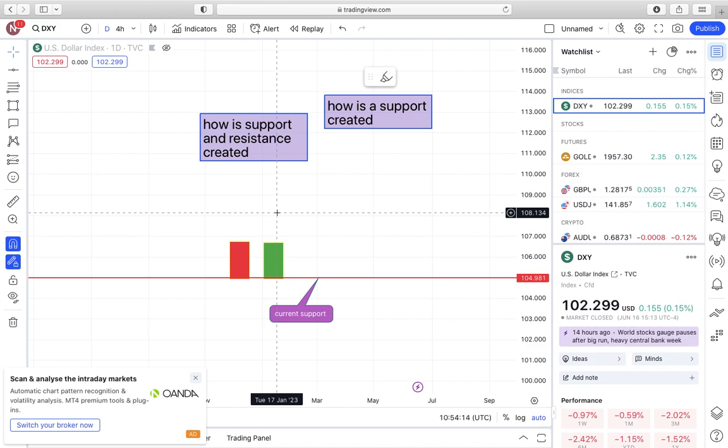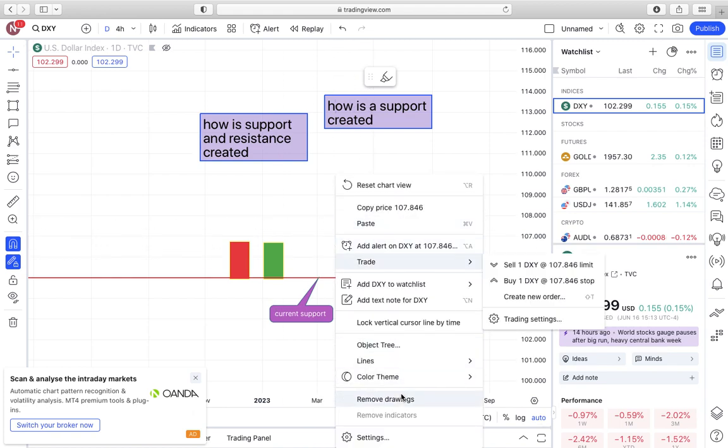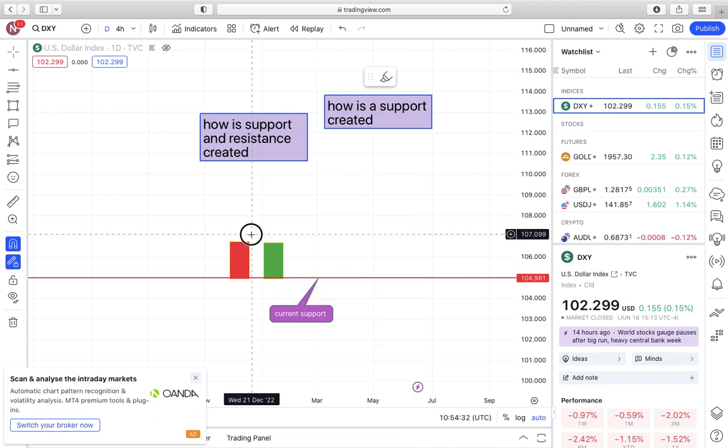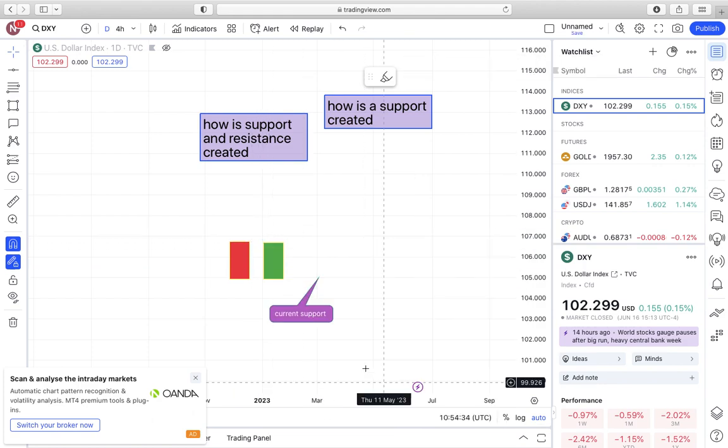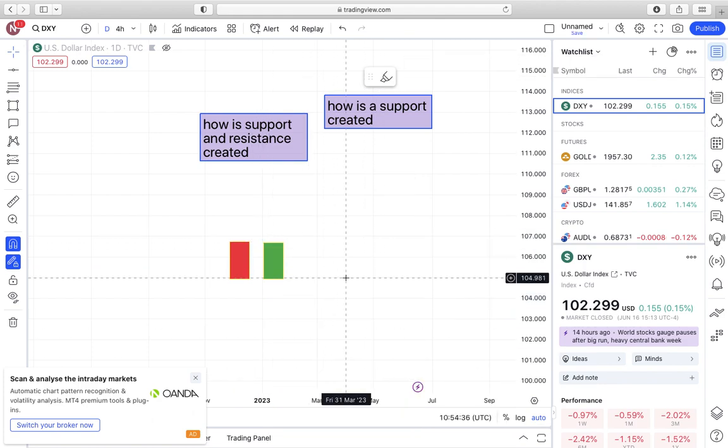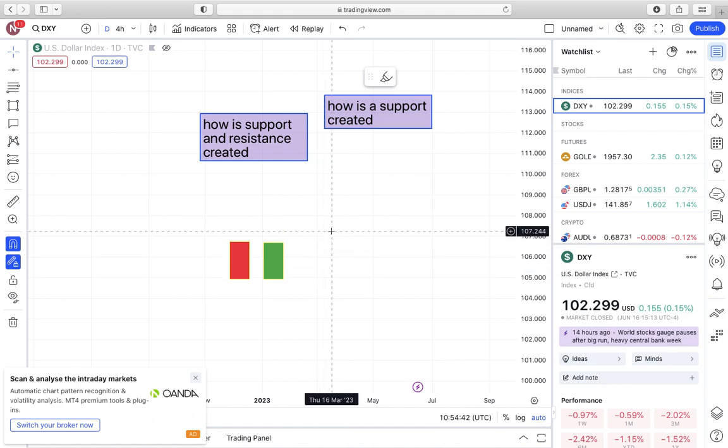We have a violation of support, which supports the continuation of the trend, and we have actualization of a support. How is support violated and how is support actualized? Let us go on. Stay tuned because today we have the best lesson for you.